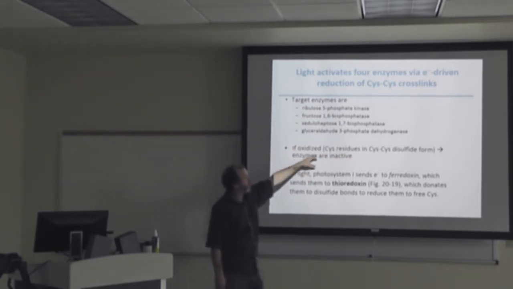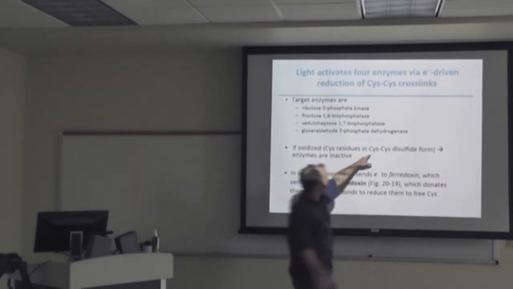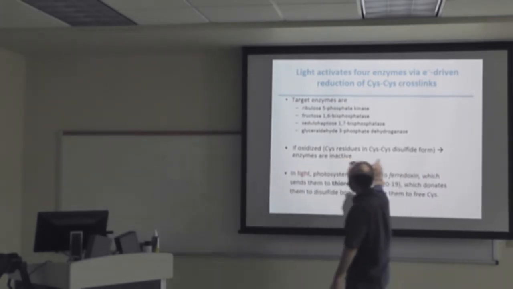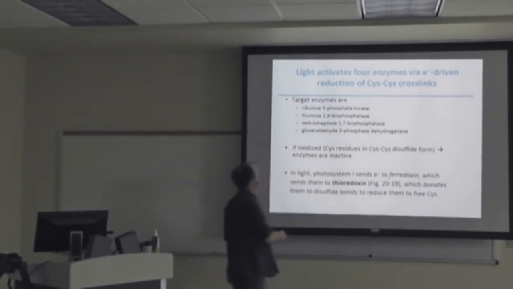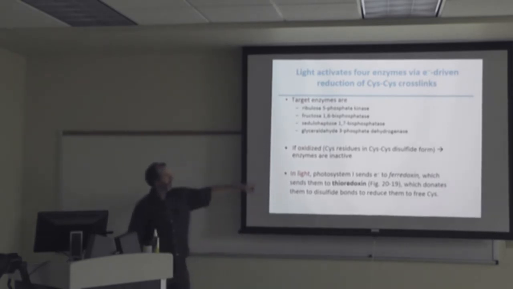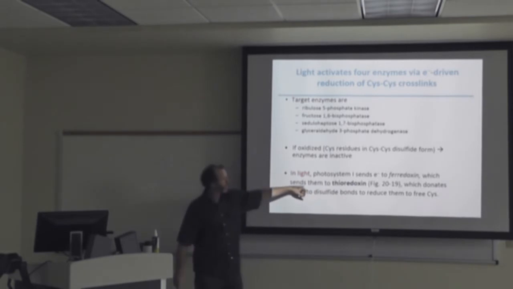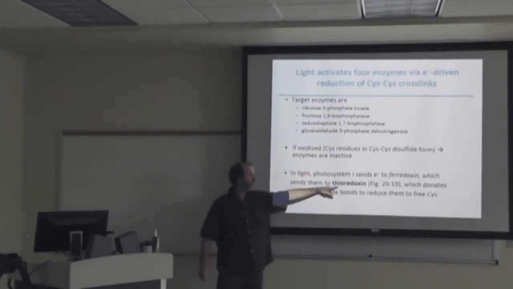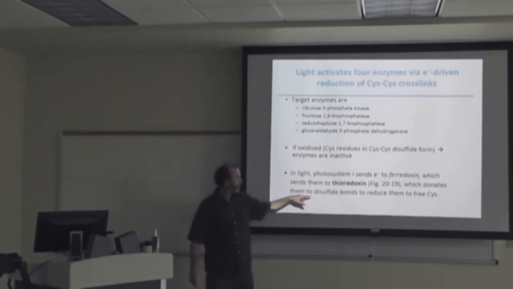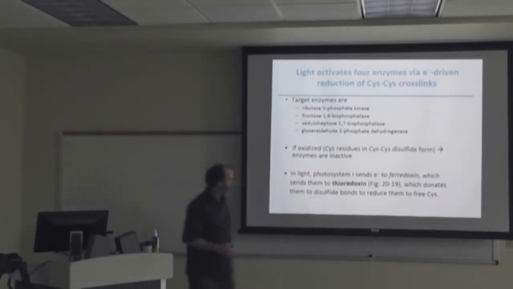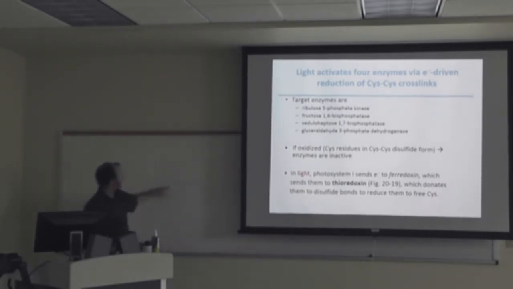So if oxidized, the cysteine residues have a disulfide form, and the enzymes are inactive. In light, the photosystem sends electrons to ferredoxin, which sends them to thioredoxin, which will donate those electrons to the disulfide bonds to reduce them to free cysteines.